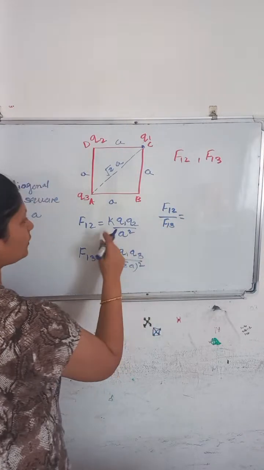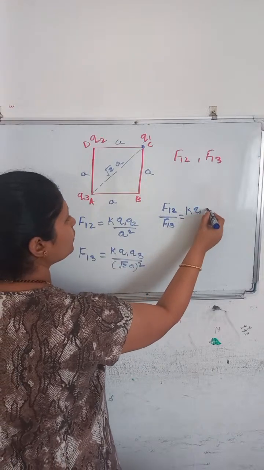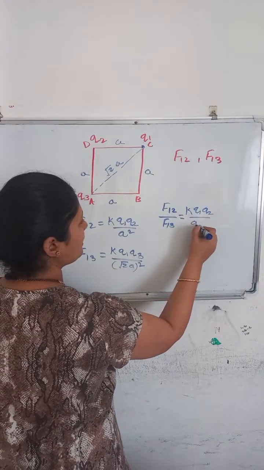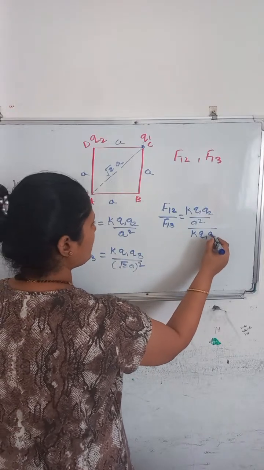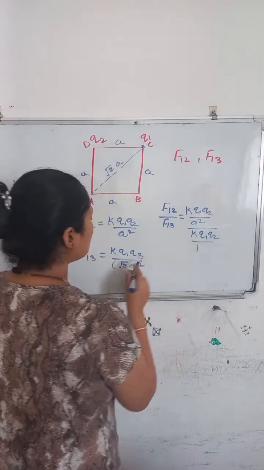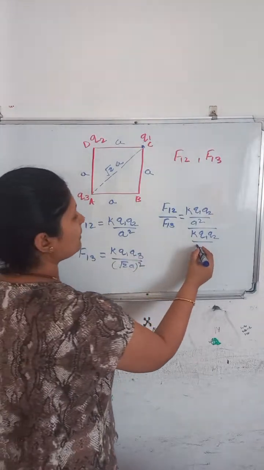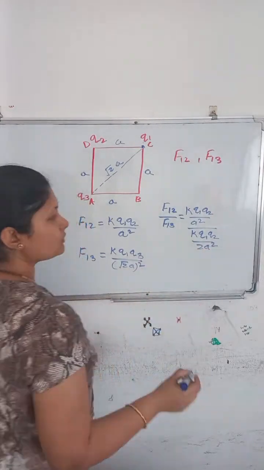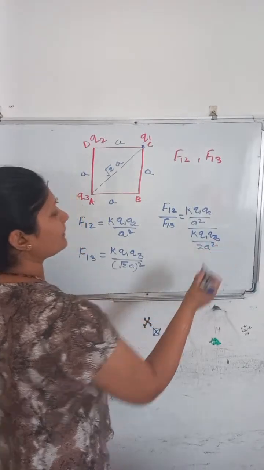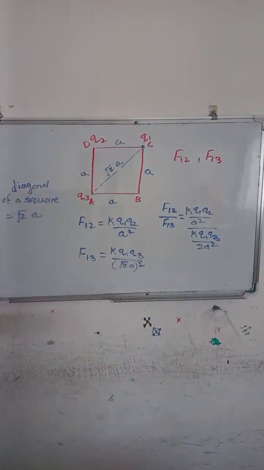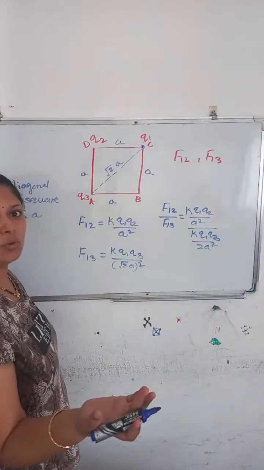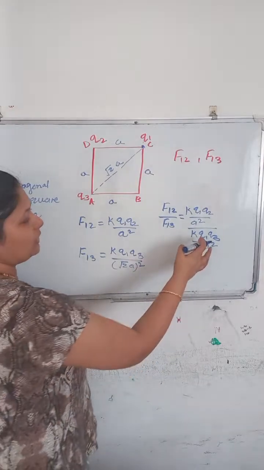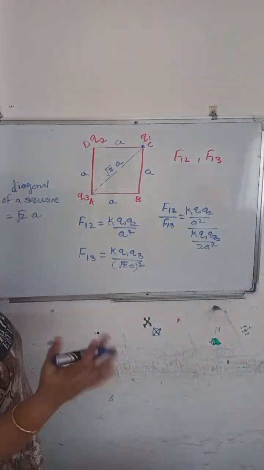F12 is K Q1 Q2 upon a square, divided by K Q1 Q3 by root 2a square, which is 2a square. Since the charges are identical, Q1 Q2 is Q square and Q1 Q3 is also Q square.